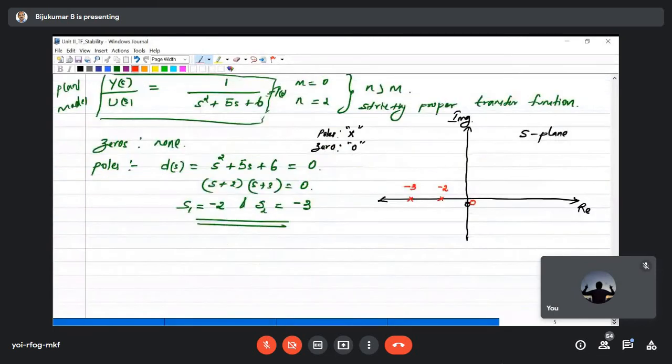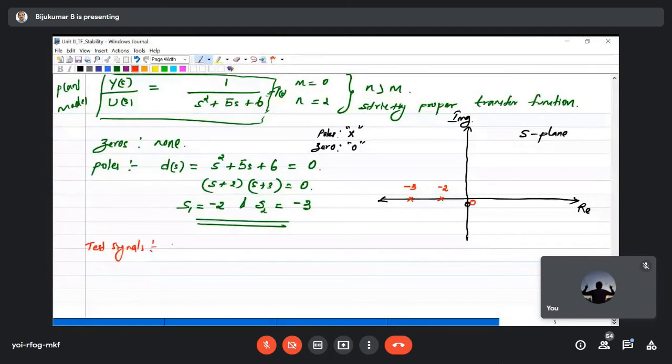Now, I have to check the stability of the system. So for that, what is the definition? The system should produce a bounded output for all possible bounded inputs, right? And for test signals, we have studied four important test signals, right?